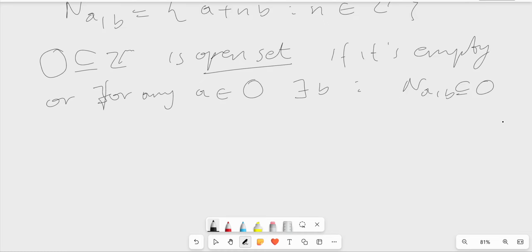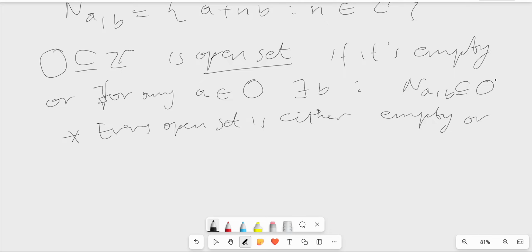So from here we can make a notice that every open set is either empty or infinite, as this set is infinite.